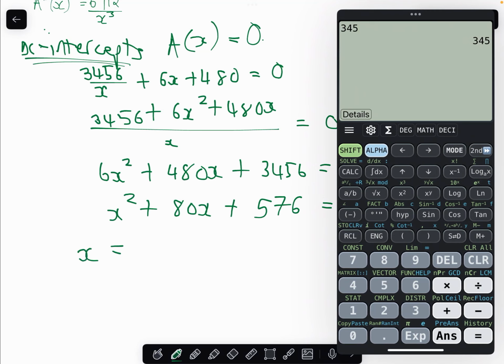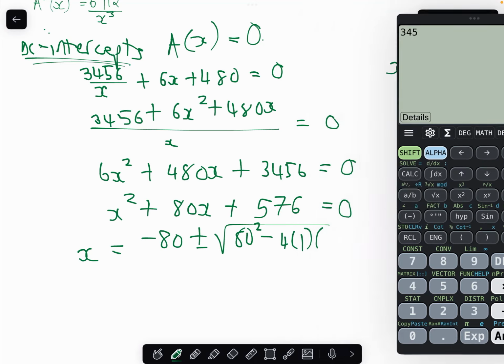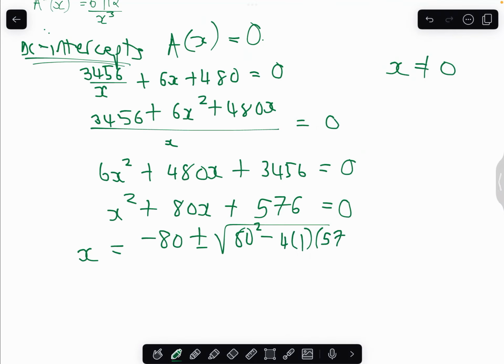So x is equal to minus b plus or minus the square root of b squared minus 4ac, divided by 2a.